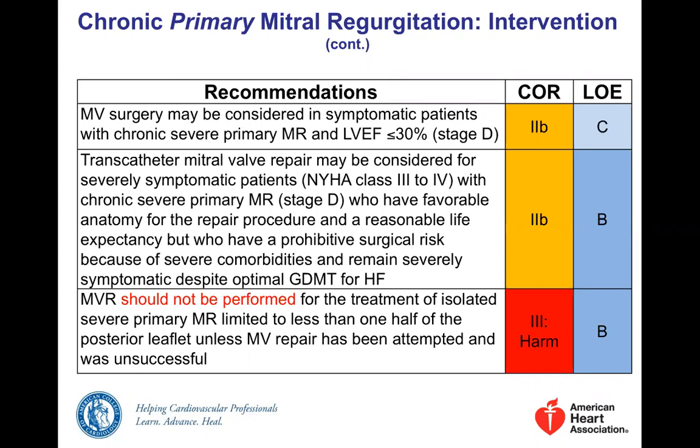So as you see here, mitral valve replacement should not be performed for isolated primary MR limited to less than half of the posterior leaflet, unless you go to the OR, try to repair, fail, and then replace the valve. Okay? This is very important. This is the mastery of mitral valve intervention in primary mitral regurgitation. Thank you.